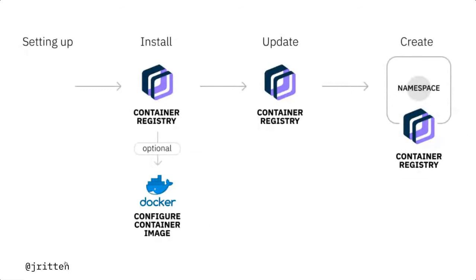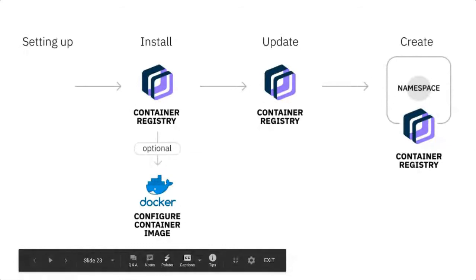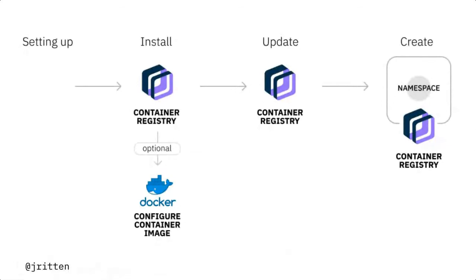You can keep everything within your IBM Cloud account, your IBM Cloud console, within our own internal container registry. So when working with container images, you're going to need somewhere to save and access them as they're created. So that's where the container registry comes in.